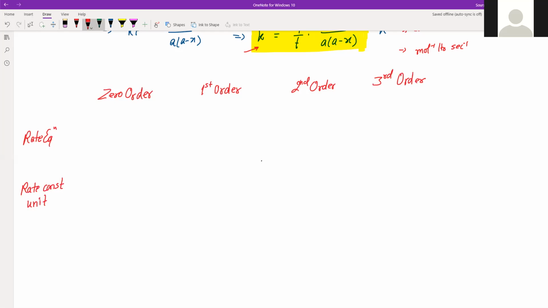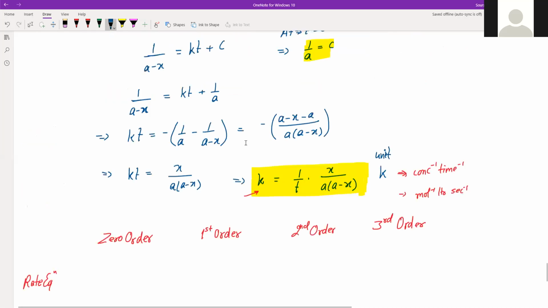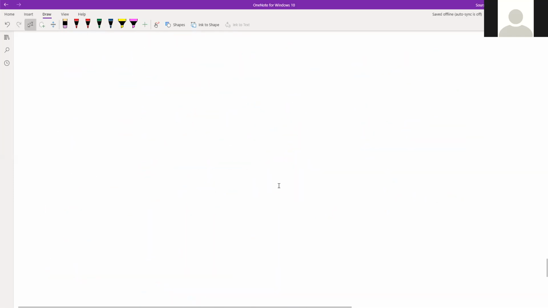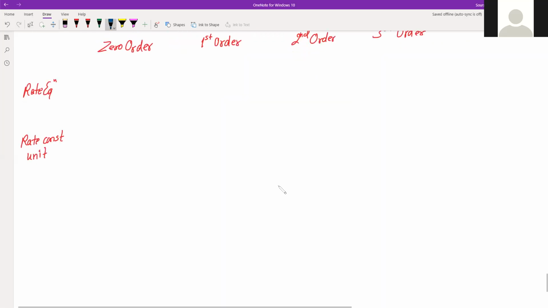So in zero order reaction, we have seen earlier that K will be equal to x by T. In the first order, we saw that K is equal to 2.303 divided by T log of the concentration terms, that is the initial concentration divided by final concentration.